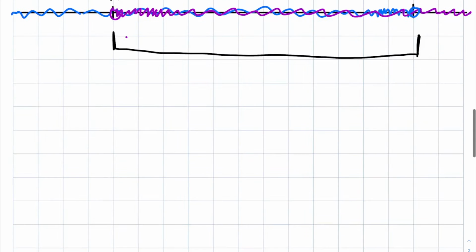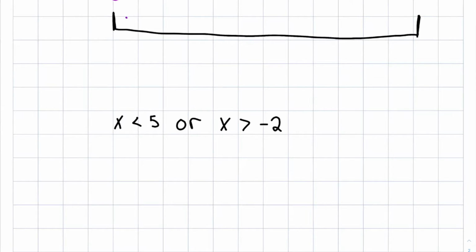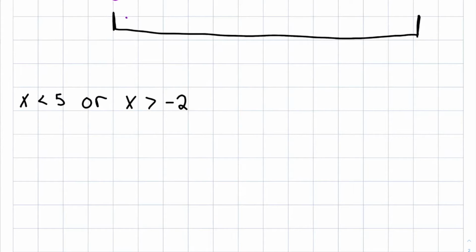What your homework looks like on this, something like x is less than 5 or x is greater than negative 2. And it wants you to talk about this in actual words. It wants you to convert it. So it gives you several options, and you can think of x as all numbers. So you could say all numbers less than 5 solves this.